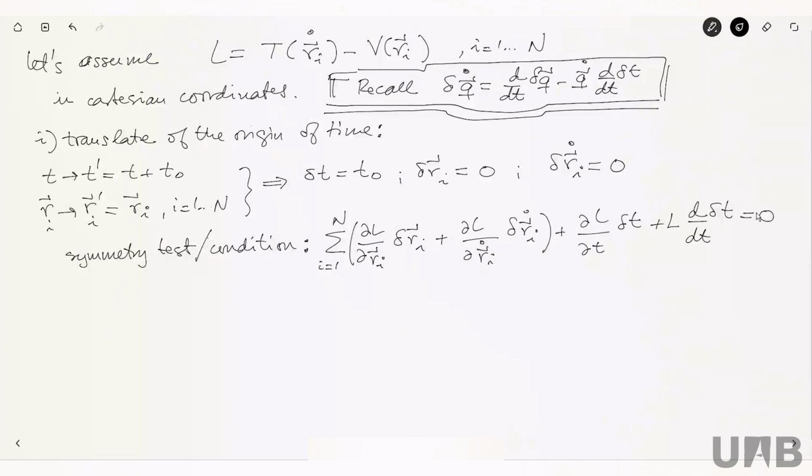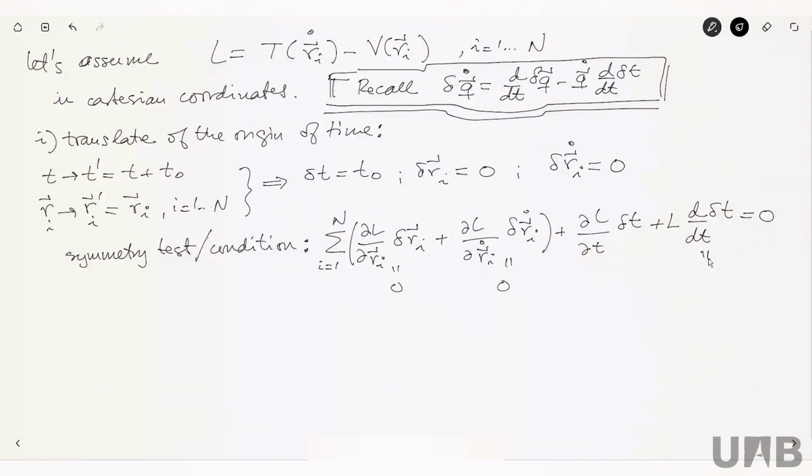And now all we have to do is replace all these deltas in this expression. So what do we find? The derivative of L with respect to ri multiplies the variation of ri, which is 0, so this first term is not there. This one is 0. This is also 0 because delta r dot i is also 0.